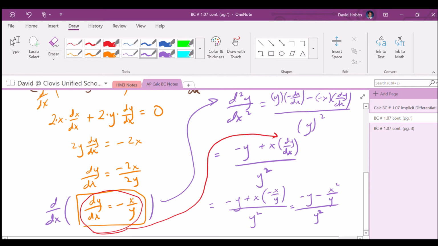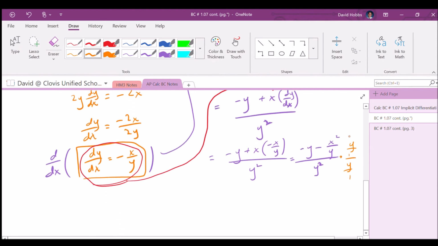Okay, you never get to leave a complex fraction as a final answer and get full credit. We need to multiply top and bottom here by y. And so if I do that, we get negative y squared minus x squared all over y cubed.